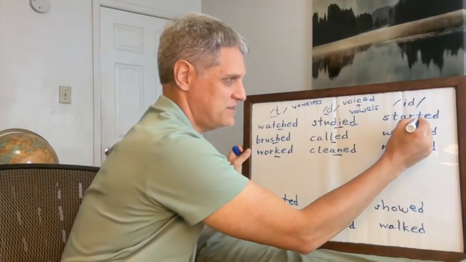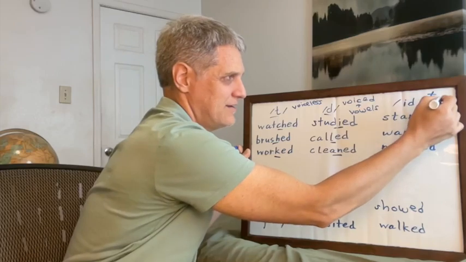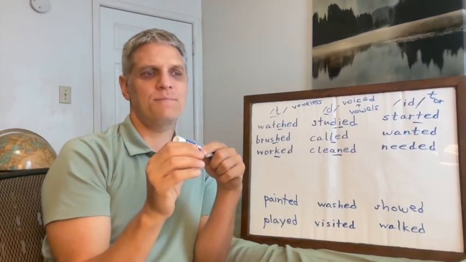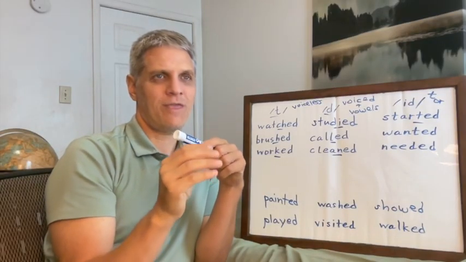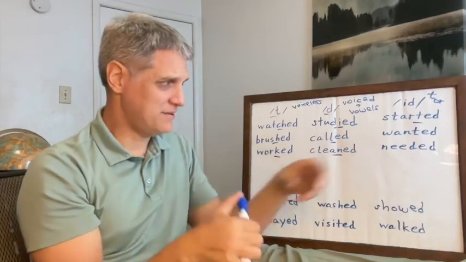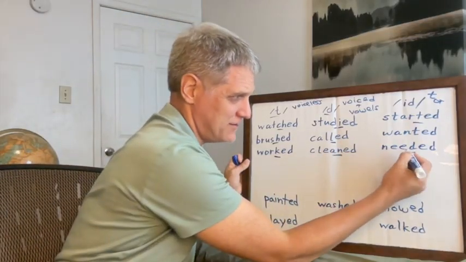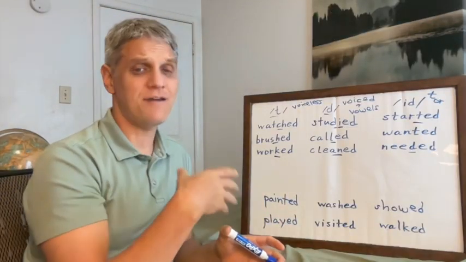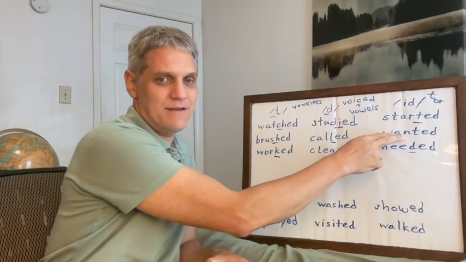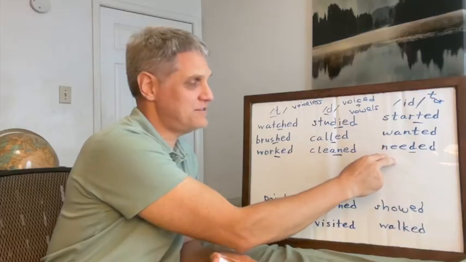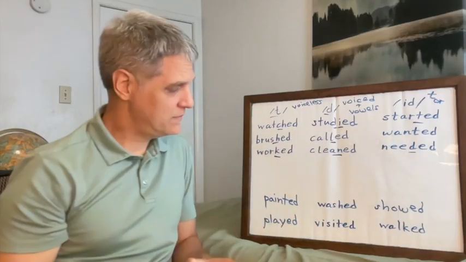The first two we see T. So after T, or the other one we have here, yes, Faisal. Sure, that's it. After a D sound. Start, started. Want, wanted. Need changes to needed.